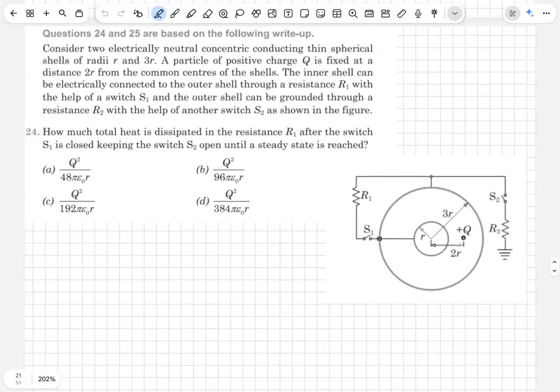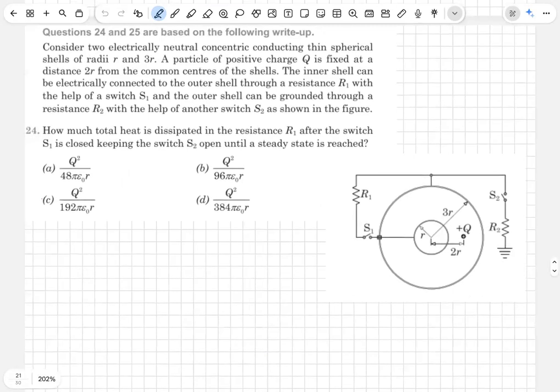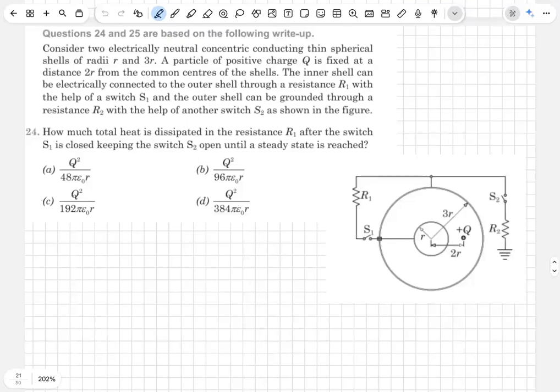Consider two electrically neutral concentric conducting thin spherical shells. One is this, the other one is this. One is of smaller radius, the other one is of radius 3 times that. One more important point, you have a point charge plus Q fixed here at a distance 2r from the common center of the shells.